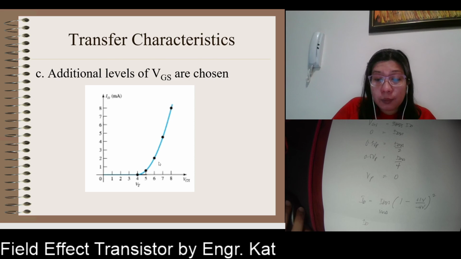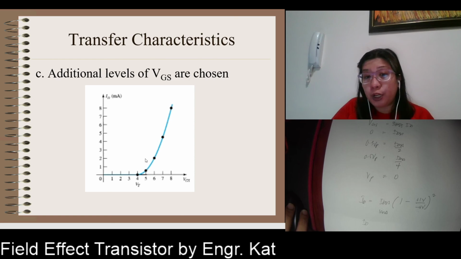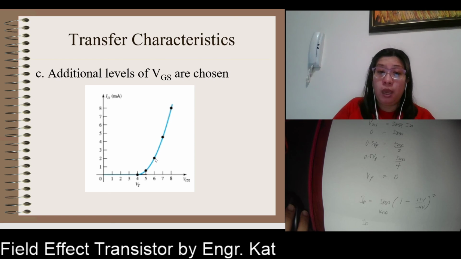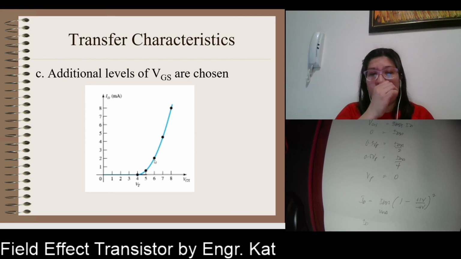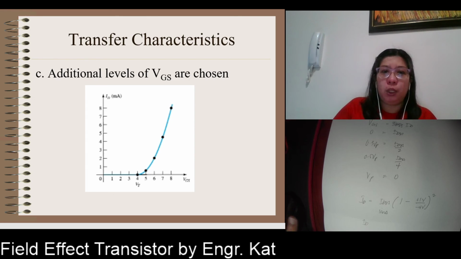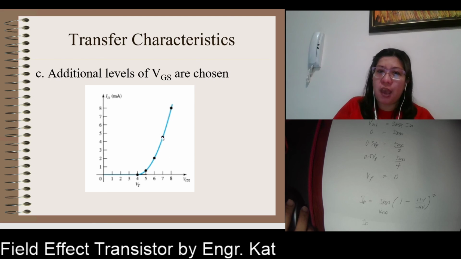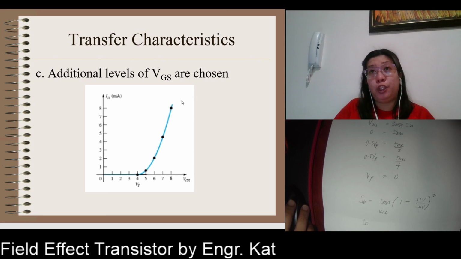Using 6, so 6 minus 4, so you have 2, 2 squared, okay, so 4 times 0.5, so that will give you 2. And then 7 minus 4, so 3, then squared, so 9, multiplied by 0.5, so around 4.5, and so on. So it's up to you how many points you need.